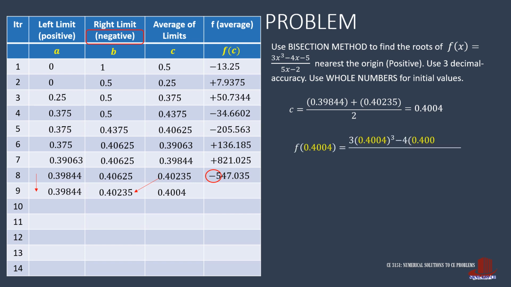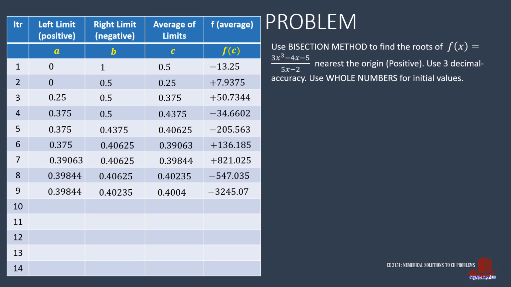The function then becomes 3 times of the cube of 0.4004 minus 4 of 0.4004 less 5 upon 5 of 0.4004 minus 2, giving negative 3,245.07. It seems like even with the ups and downs of the previous functions of c, the trend is actually going farther away from 0.